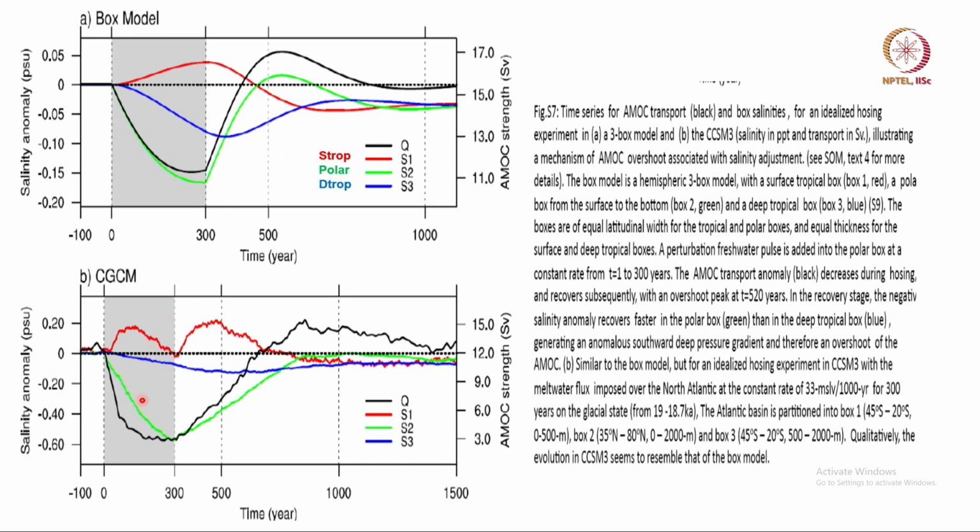Okay. So, in the coupled GCM we have many more layers, many more regions, but we average for the same region as the box model, and we find that box model does quite well, not perfectly, quite well compared to the coupled GCM.